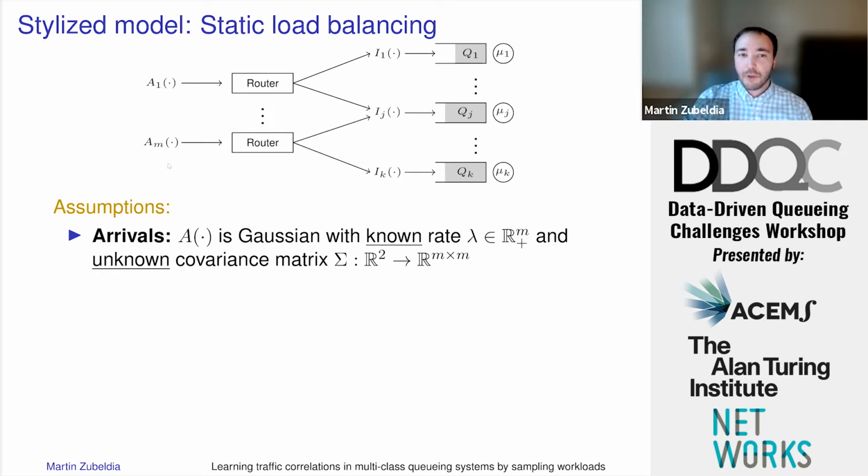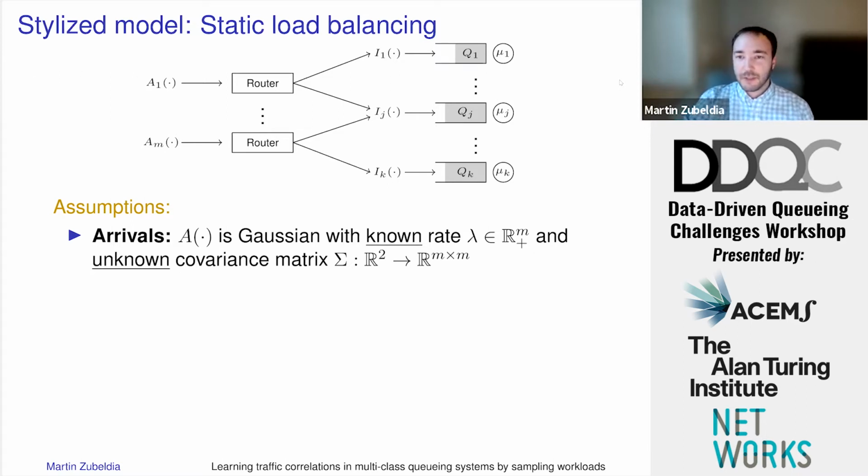For a Gaussian process, instead of a covariance matrix as for Gaussian random variables, you have a function from R^2 to the real matrices. These two completely characterize this Gaussian process. So this is a functional central limit theorem approximation of what the highly aggregated traffic would be.